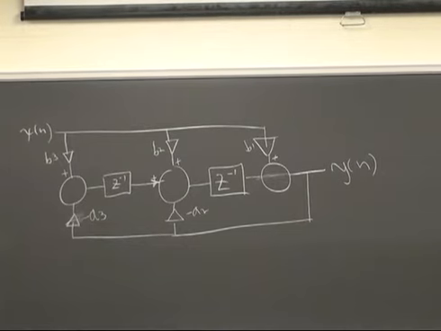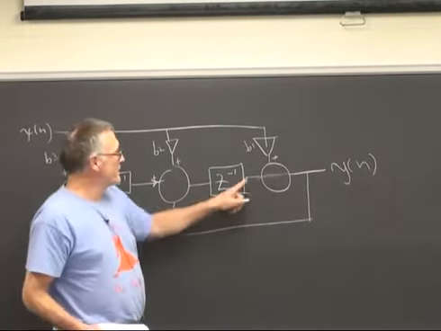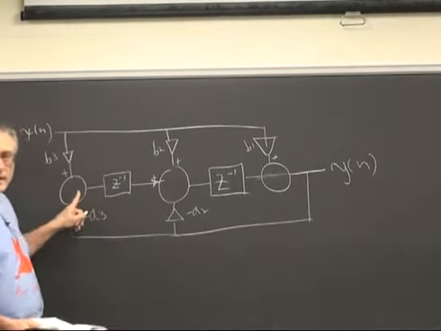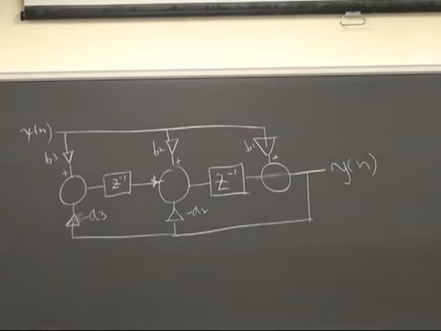It's a little harder to figure out the causality of this, but if this is the output, then this one must be the sample before, and this is the sample before that. So going to this structure does a couple of nice things.